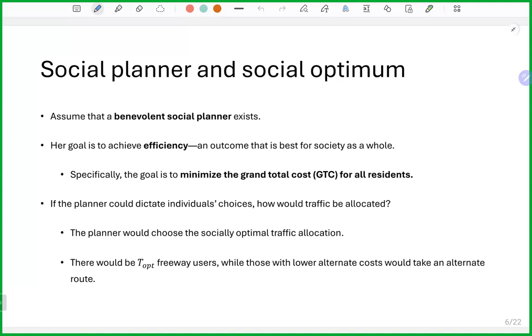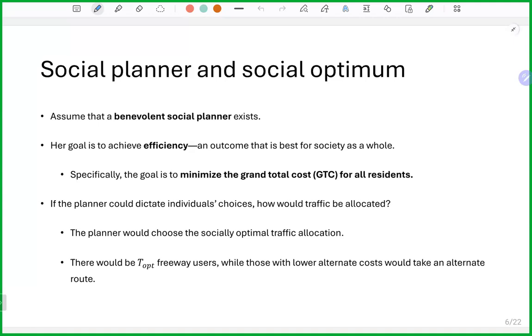So our goal is to achieve efficiency in the first stage, and then we care about the equity concept. Assuming that this planner has goodwill and is benevolent, the planner's goal is to minimize the current total cost. So the question is, what would she do? What would be her choice?